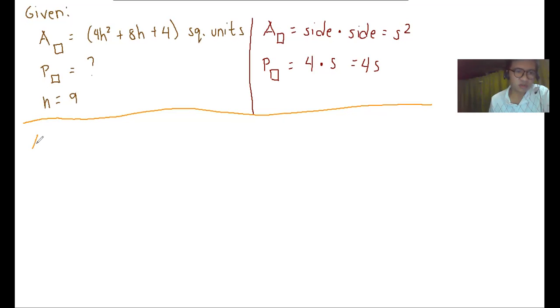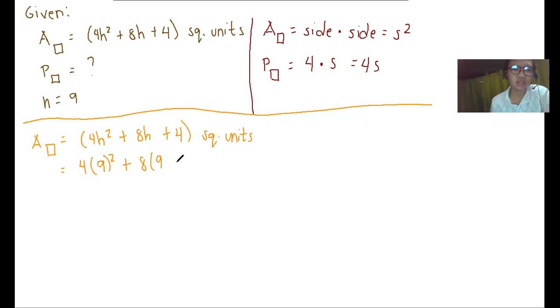According to the given, the area of the square is the quantity 4h squared plus 8h plus 4 square units. So we substitute 9 for the value of h. We have 4 times 9 squared plus 8 times 9 plus 4 square units.